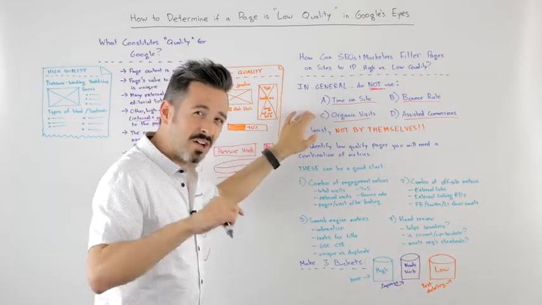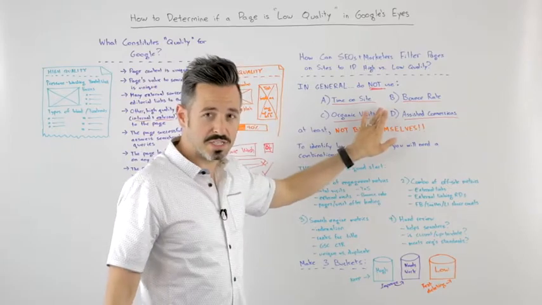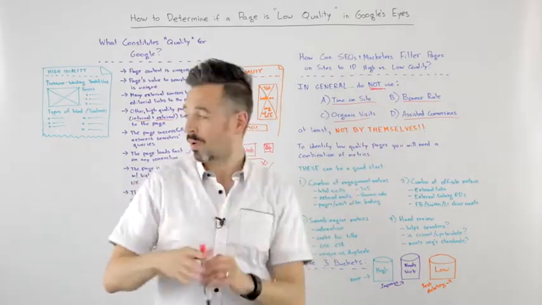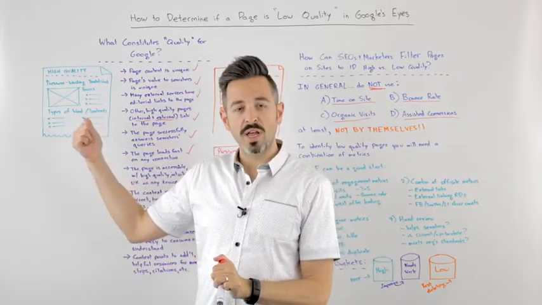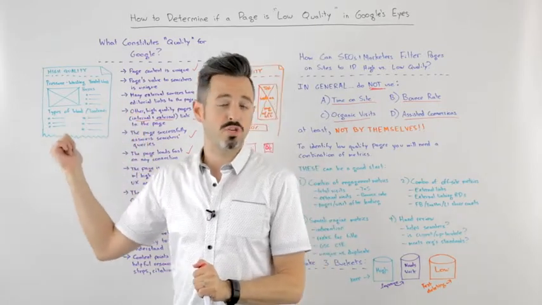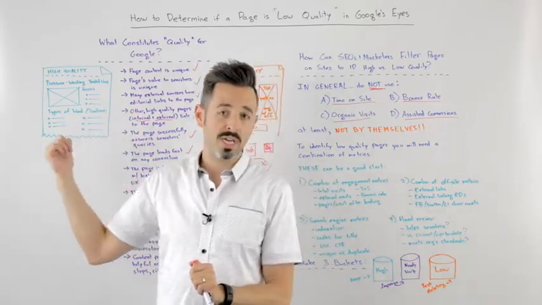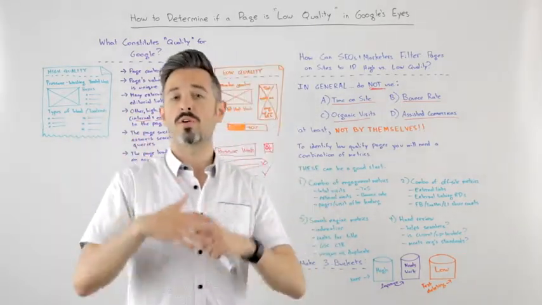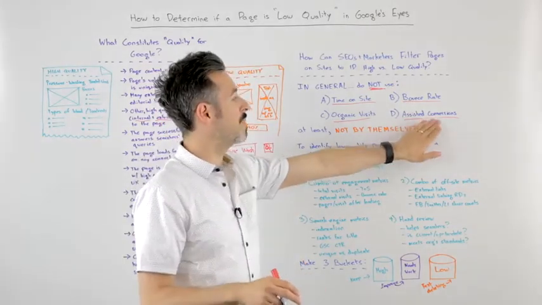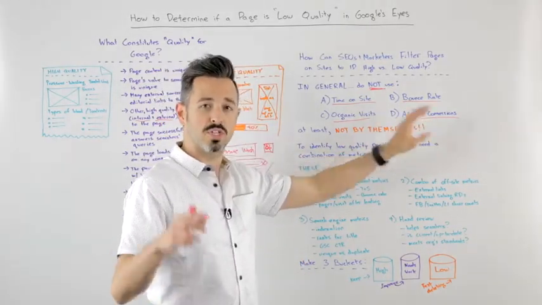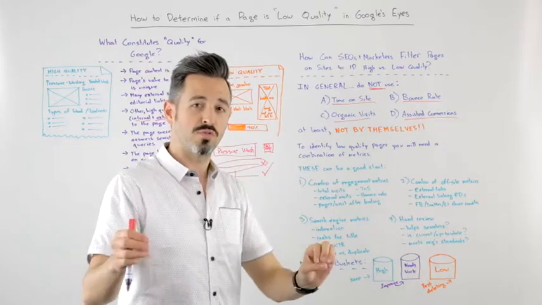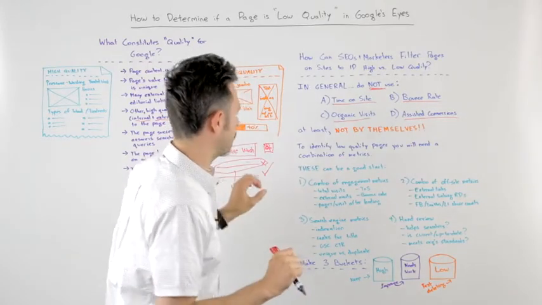But still, by itself, I don't love it. And assisted conversions is a great example, right? This page might not convert anyone. It may be an opportunity to drop cookies. It might be an opportunity to remarket or retarget to someone or get them to sign up for an email list, but it may not convert directly into whatever goal conversions you've got. And that doesn't mean it's low quality content.